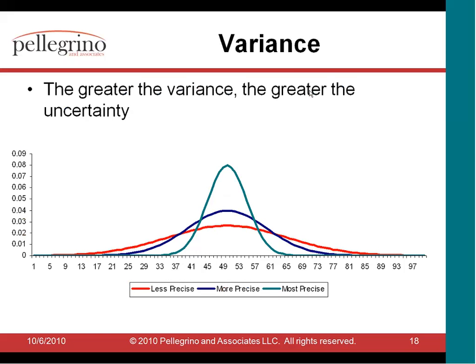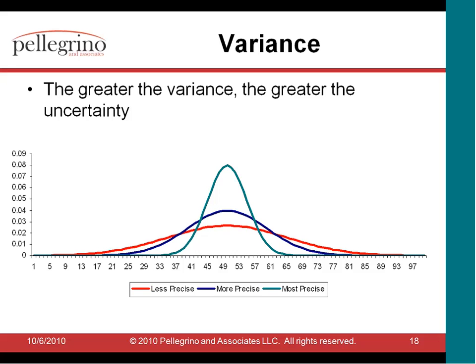So as you look at this chart, you think about the greater the variance, which might be that red distribution. These all have the same means, but the red distribution's got the greatest amount of variance associated with it, so it's the least reliable indicator here of value if we were looking at these three lines as separate indications of value.